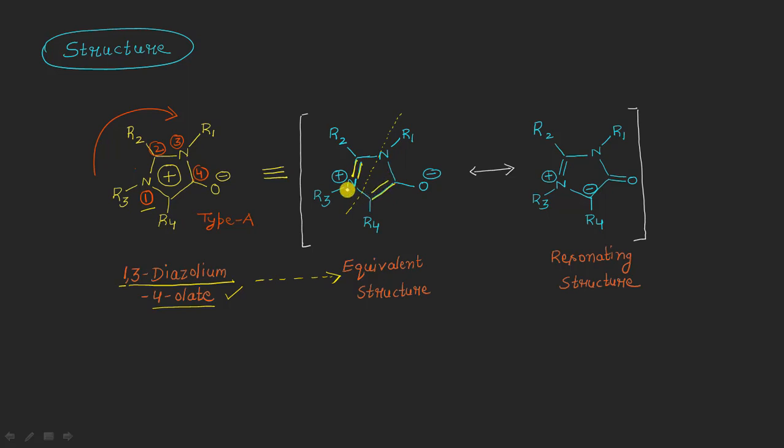Now, because the nitrogen here is forming 4 bonds, it is better to put a positive sign, and as usual there will be a negative sign on this exocyclic atom. After that, we can show the second resonating structure, and it will be like this, giving a negative charge on this carbon atom, and of course a double bond oxygen here like this.